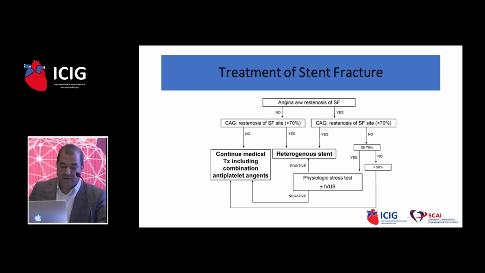In our case, for me, this is a typical strut fracture that mandated completing the job and not leaving it for medical therapy. So I had to fix the whole artery, and that was it.